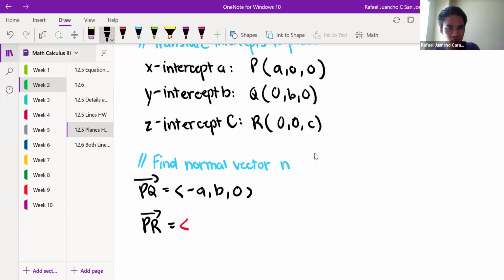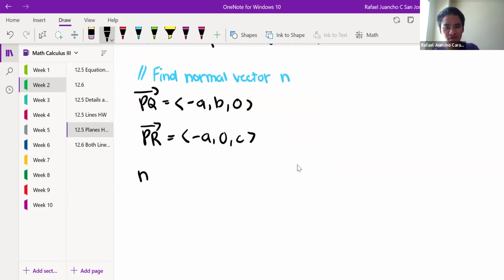Okay, and then this is from P to R. So 0 minus A, so it's minus A. 0 minus 0, so that's 0. C minus 0, so that's C. And there you have it.